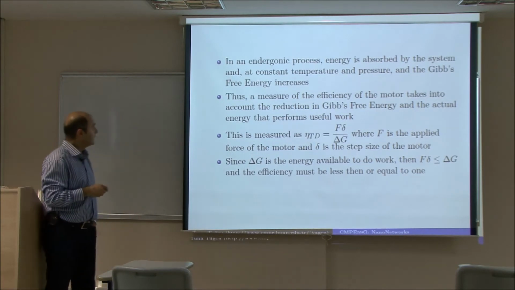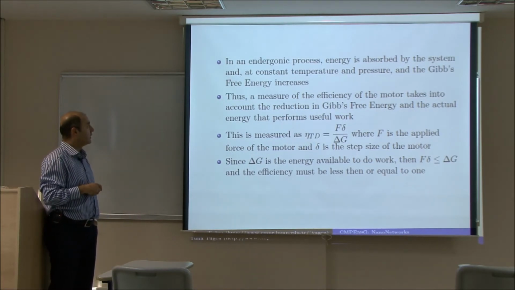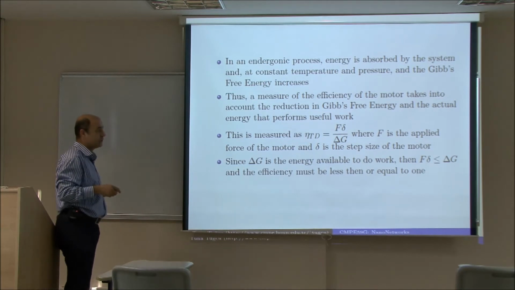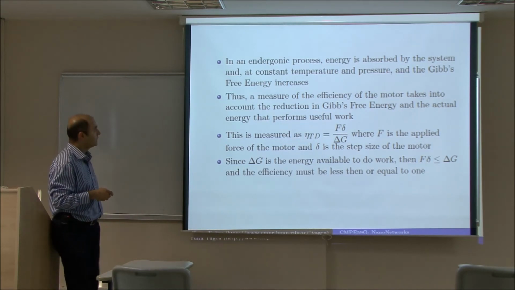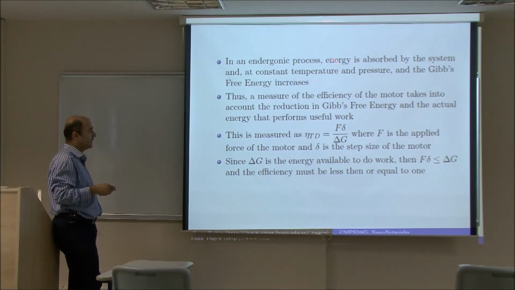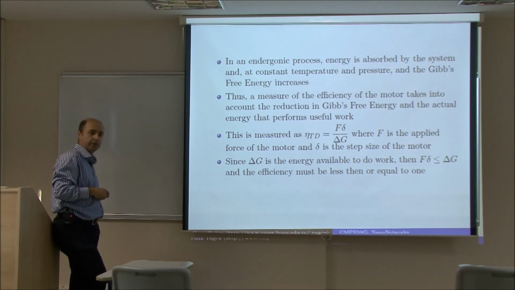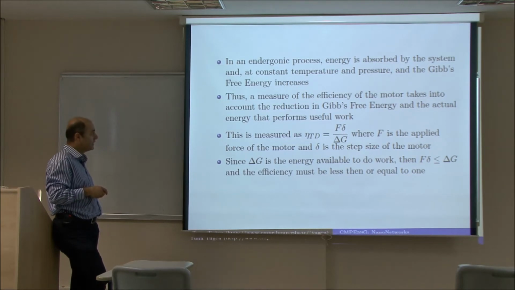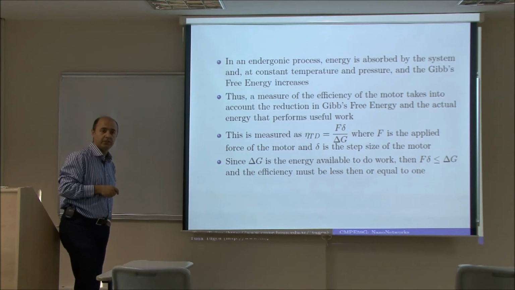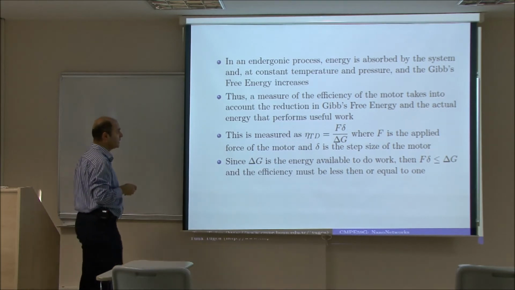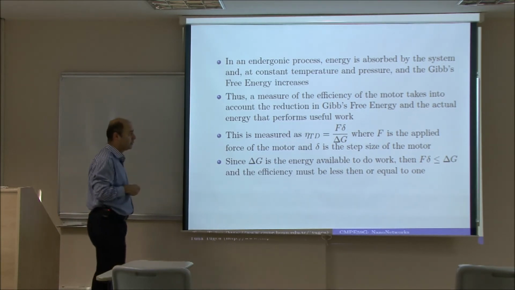In the case of an endergonic process, energy would be absorbed by the system. And if we again consider constant pressure and temperature, the Gibbs energy in that case would be increasing. So a measure of the efficiency of the motor will be taking into account the reduction of Gibbs free energy and the actual energy that performs the useful work.